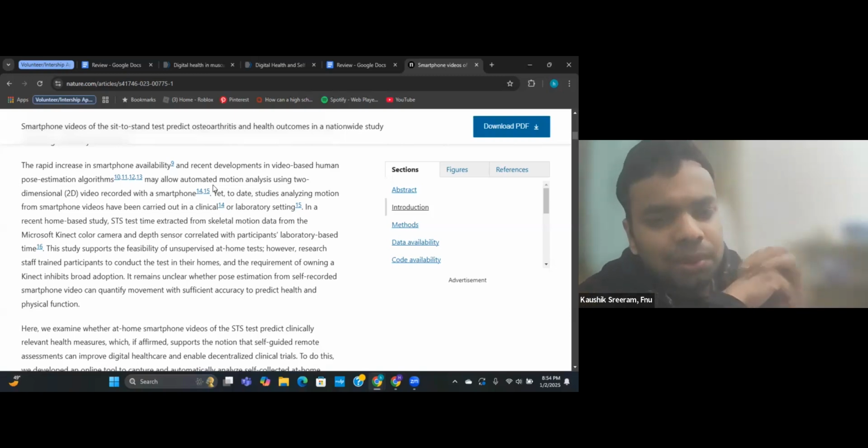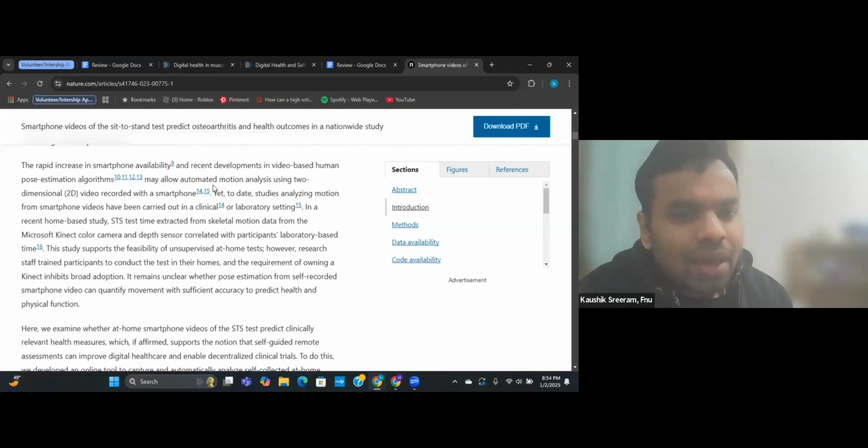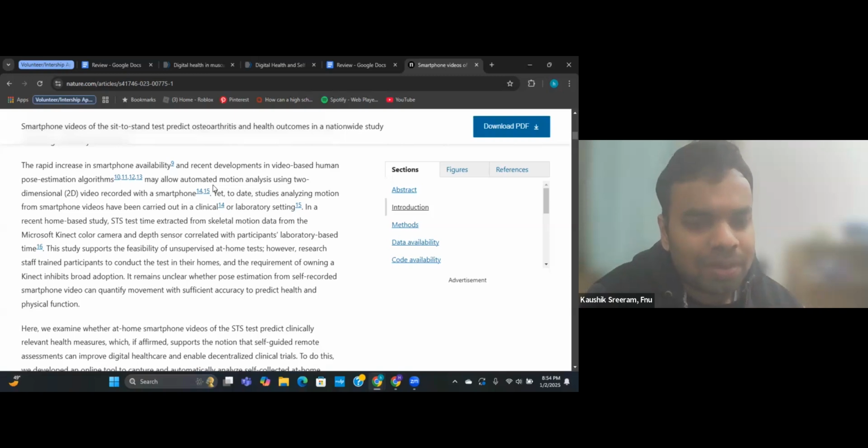They are like, hey, to date, studies analyzing motion from videos have been carried out only in clinics and laboratories, right? And then one study was done for patients who were assessed from home, but this was done only after the patients were trained to do it.